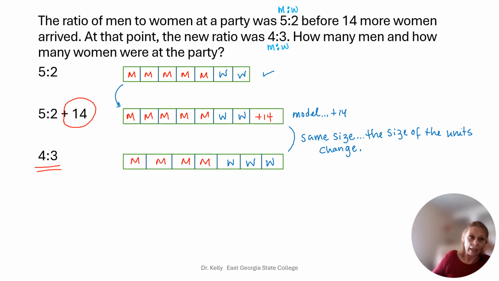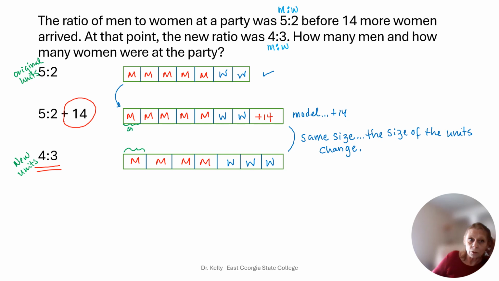Okay, and I'm going to call this the original, and I'm going to call this the new. So this is the original units, and these are the new units. And we know that the units change because we see that the size changes, right?